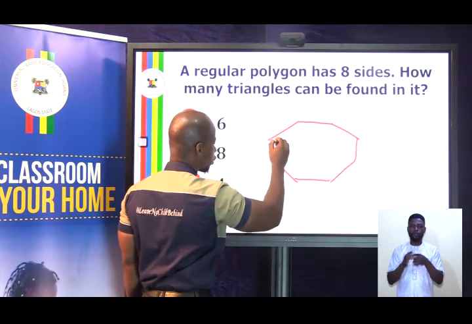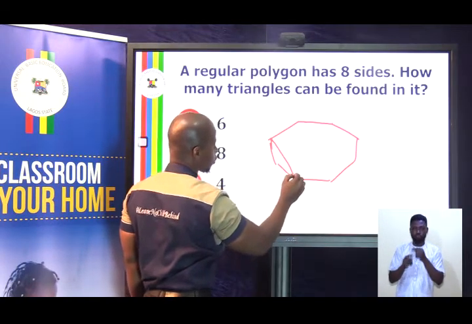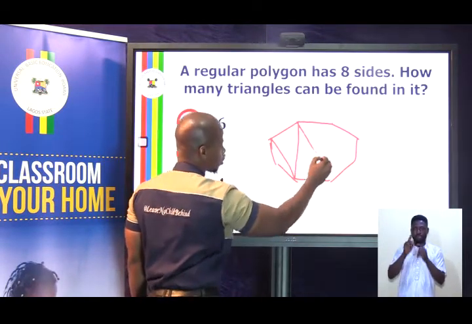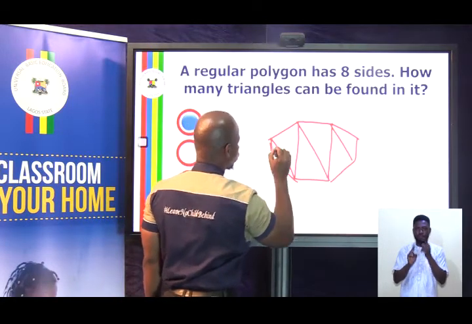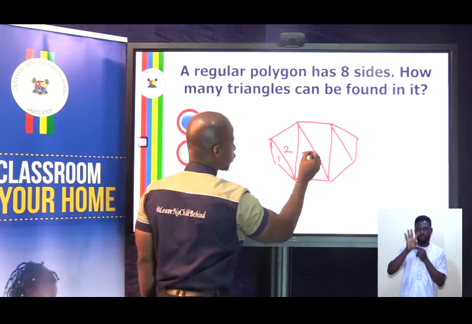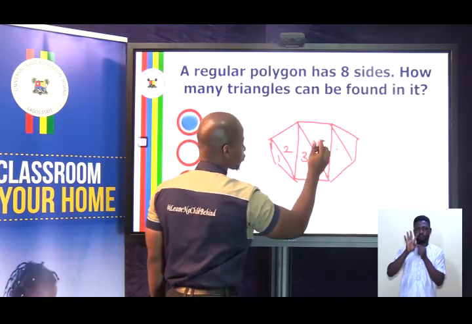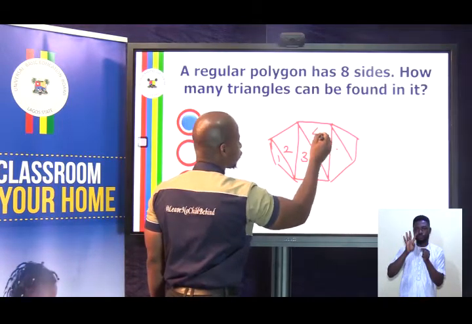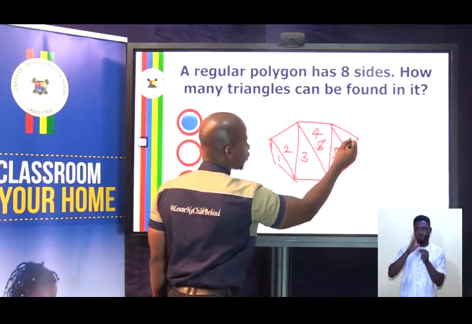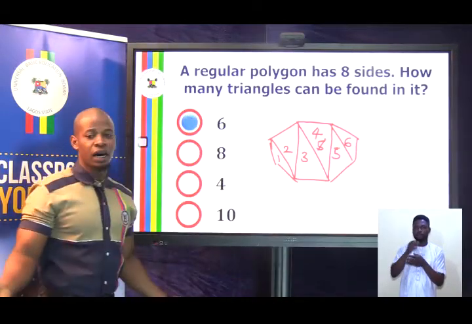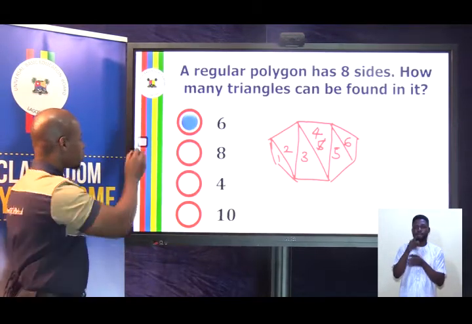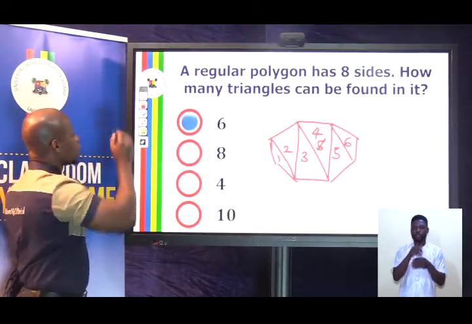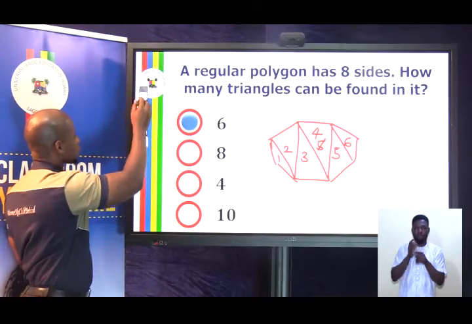Now, we have one triangle here, two triangles here, 3, 4. And let's count. 1, 2, 3, 4, 5, and 6, confirming that there are actually 6 triangles in an 8-sided polygon. I believe you remember this from our previous lessons.